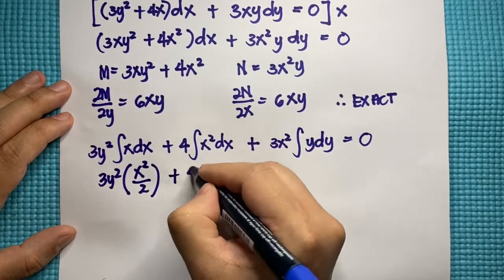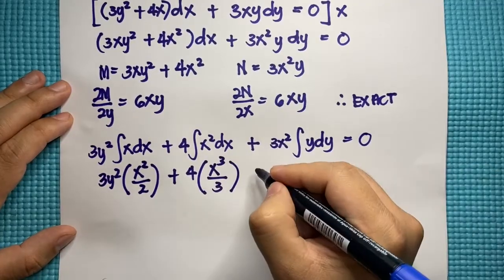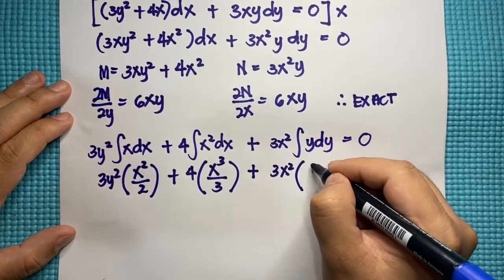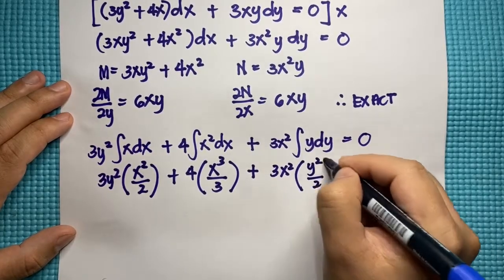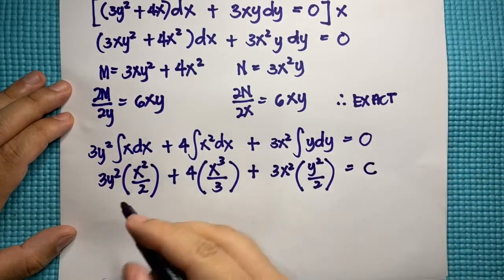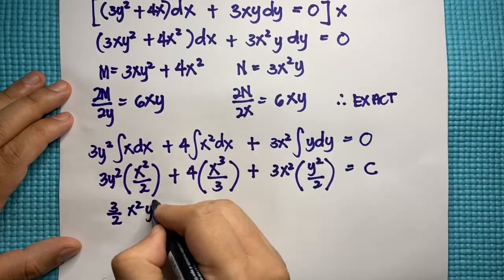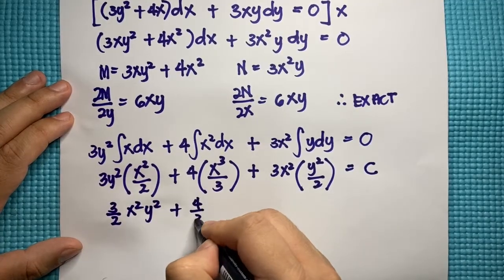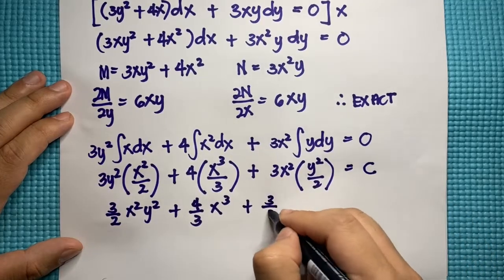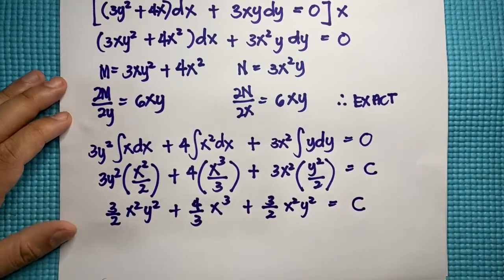So plus 4 x squared will become x cubed over 3, then plus 3x squared, and then y would become y squared all over 2, and that would be equal to C. So simplifying, 3 over 2 x squared y squared plus 4 over 3 x cubed plus 3 halves of x squared y squared is equal to C.